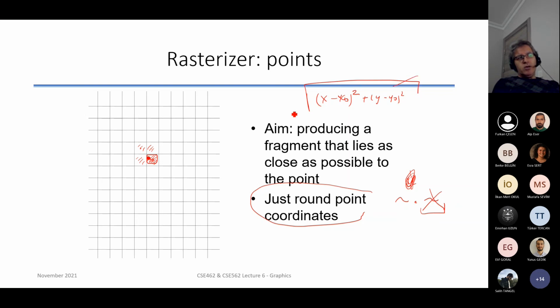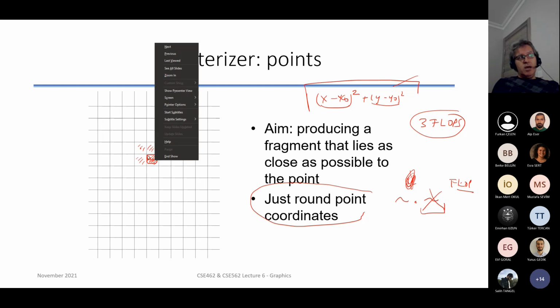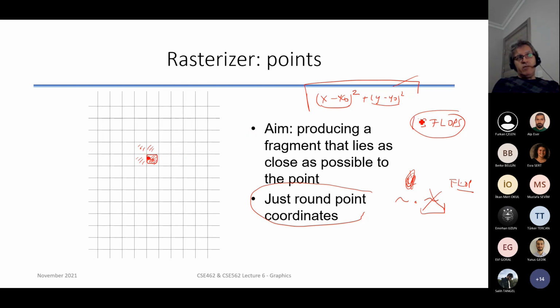Maybe I don't need a square root, I can go for the square, but this is just one flop of operation per vertex. Now this is 1, 2, and at least 3 flops of operation. So this is 3 times, at least for one of them, and you have 4 pixels, then you'll have 12 flops of operation versus just 1 flop operation. So this is quite expensive, 12 times more expensive than this one. So you have to think about whether this is worth it or not.